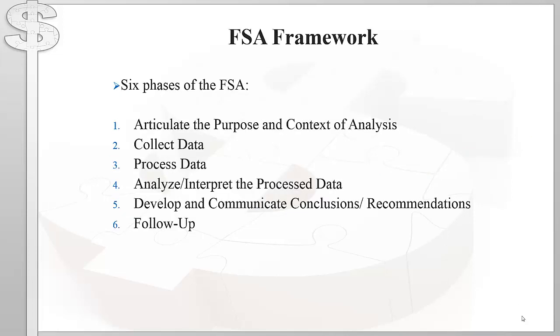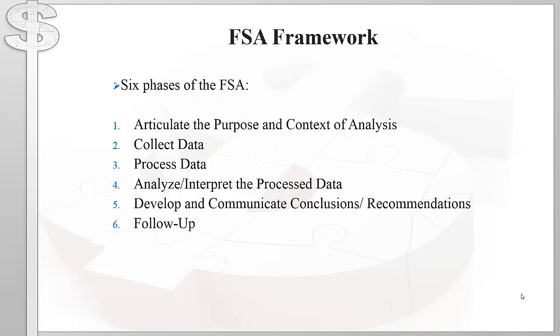We are now at the sixth learning outcome of this reading, the final learning outcome, which talks about the 6 steps of the financial statement analysis framework. How do we analyze all the information reported on the financial statements? The CFA curriculum talks about 6 phases of the financial statement analysis framework.